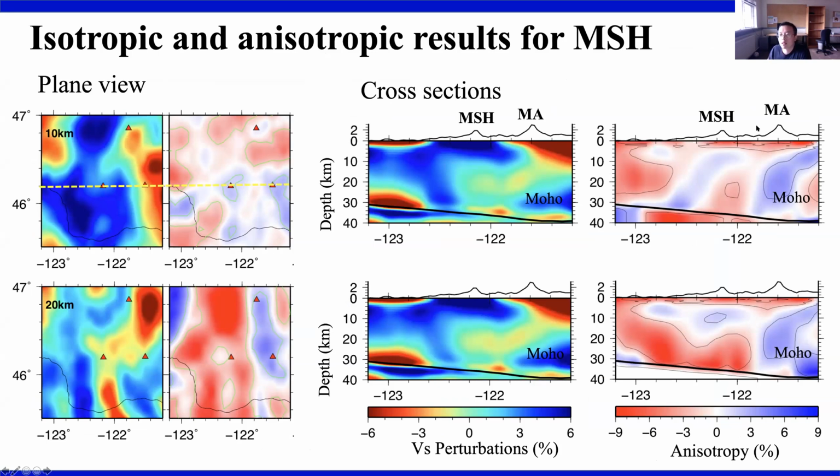So Mount St. Helens, Mount Adams again. These two cross sections are actually the same cross section, but with different parameterizations. The upper one is from an inversion where I consider anisotropy also extending into the mantle, compared to the lower one where I muted the anisotropy.